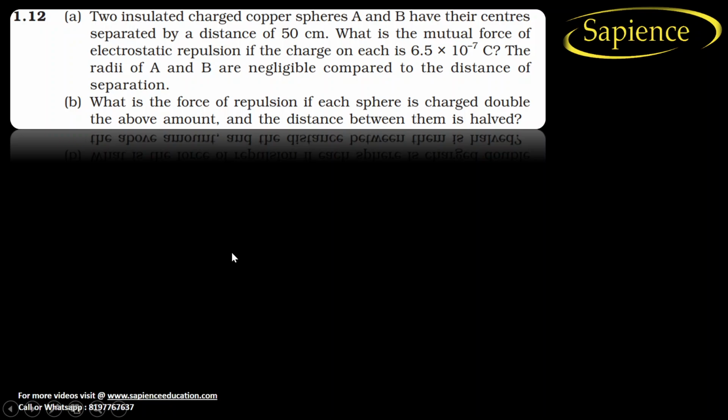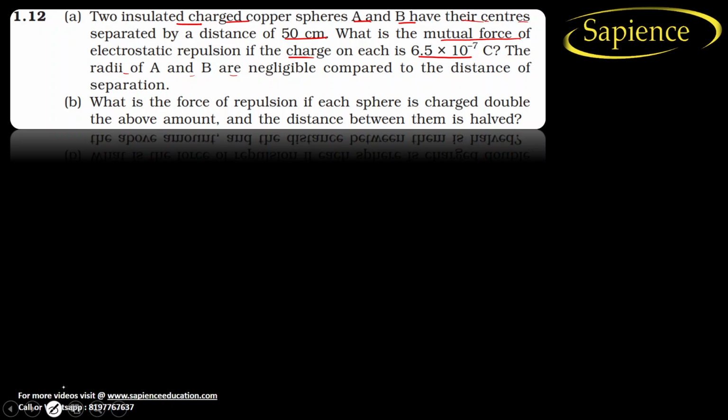Let us read the question first before solving. Two insulated charged copper spheres A and B have their centers separated by a distance of 50 centimeters. What is the mutual force of electrostatic repulsion if the charge of each one is this, and the radii of A and B are negligible compared to the distance?